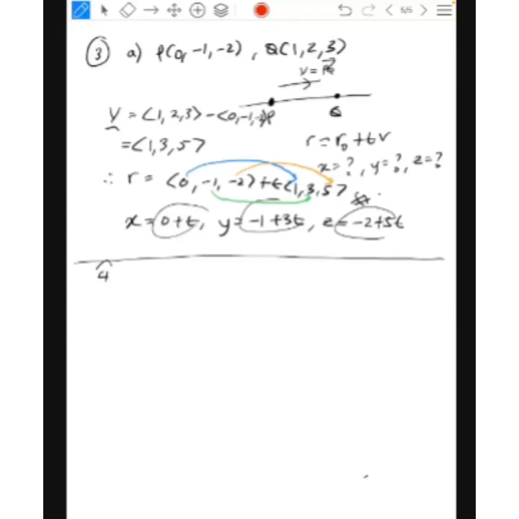So for part 1, F plus G, I think there would be no problem. Sometimes students get confused about what this t means. It is not that after you do F plus G, you have to multiply with t. No, no. What it means is that the function is in terms of the parameter t.